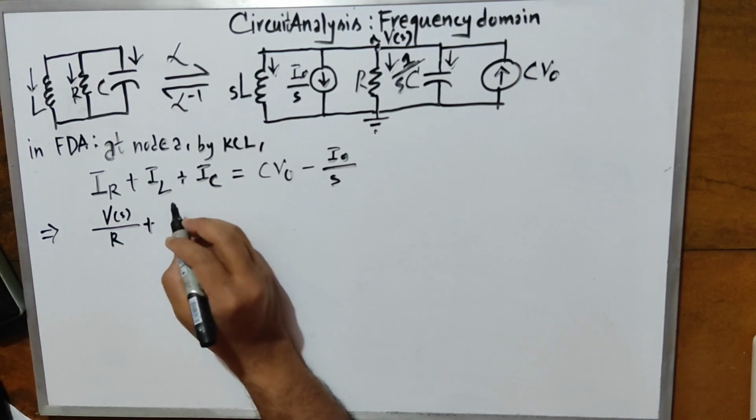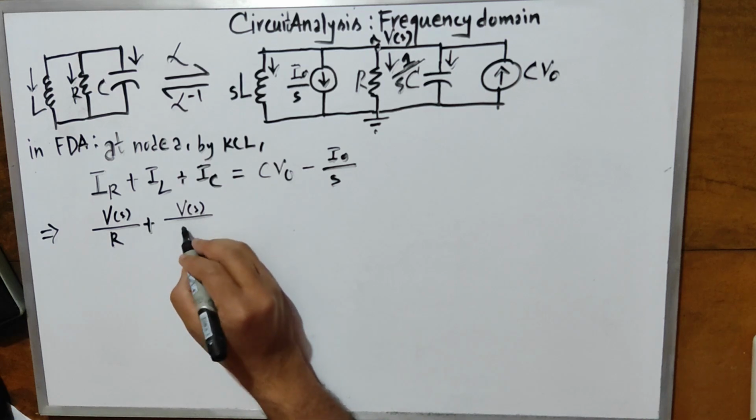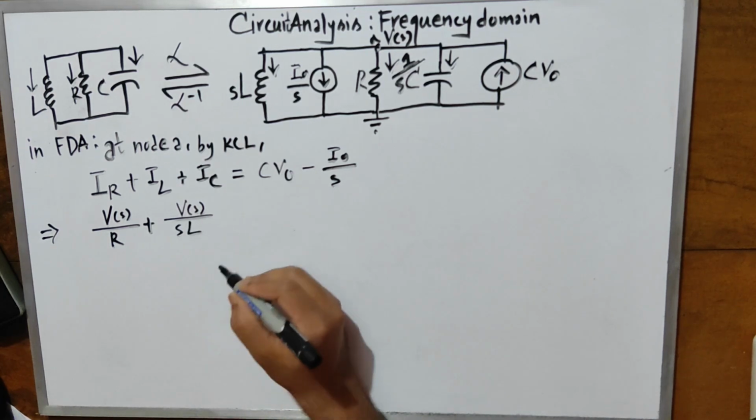And the current through the inductor is the node voltage in complex frequency domain by SL.